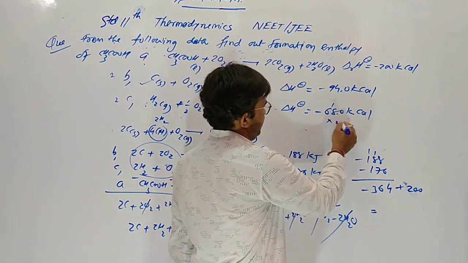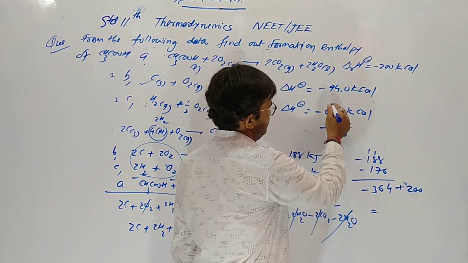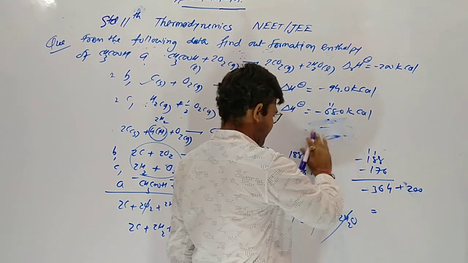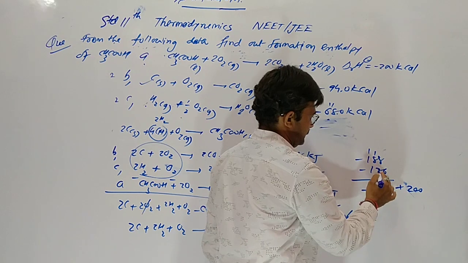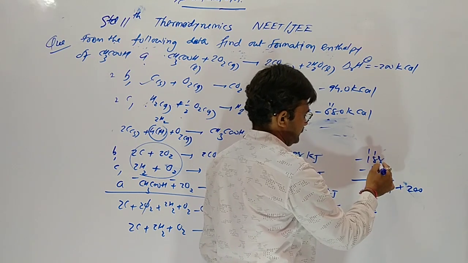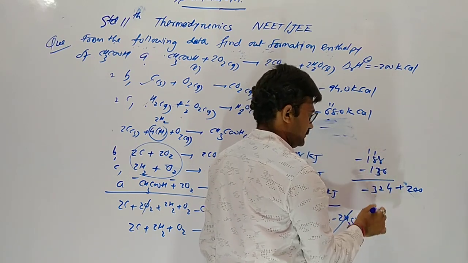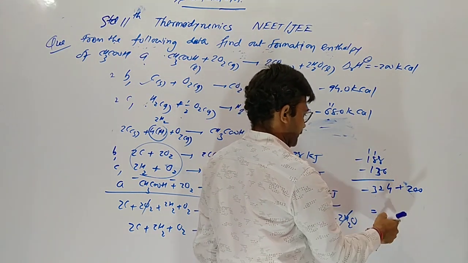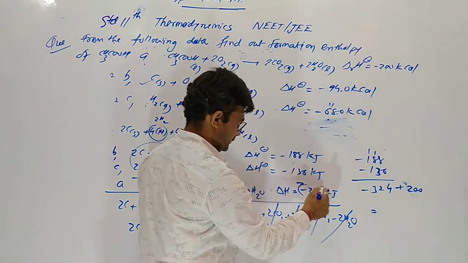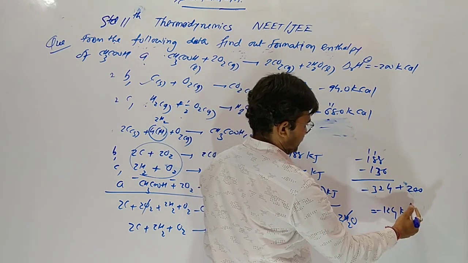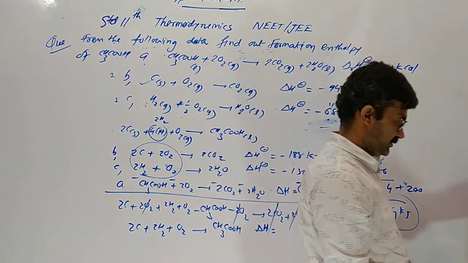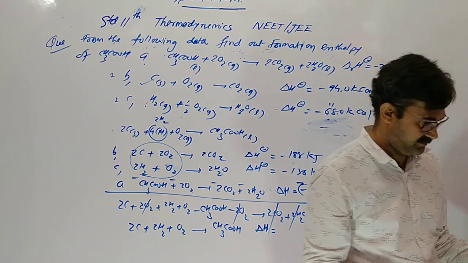Minus 324 plus 200, by minus plus, so 124 kilojoule negative is our answer.